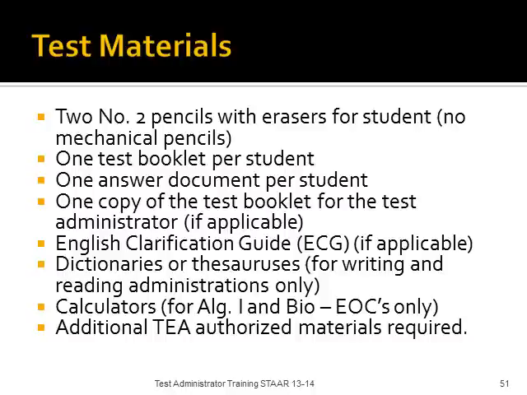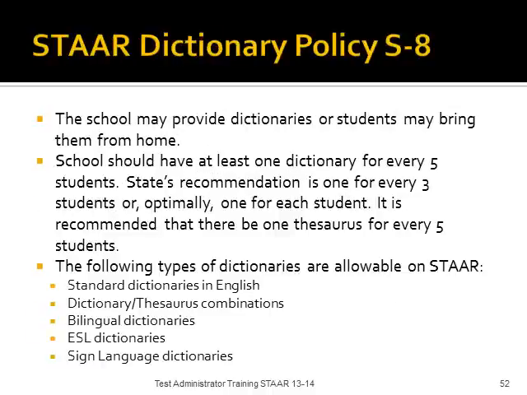It is not going to be necessary during our classroom administration. And then dictionaries will be provided for students for the writing and reading administration of the English 1 and English 2 exams. For Algebra 1 and Biology, calculators will be provided, and if there are any additional TEA authorized materials that are required, those will be provided for students as well.